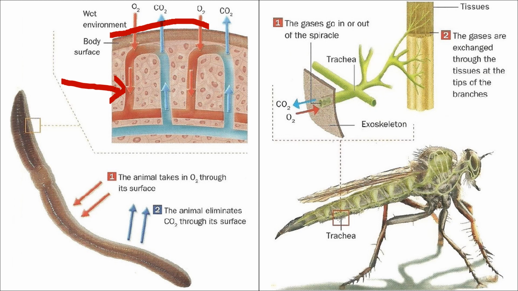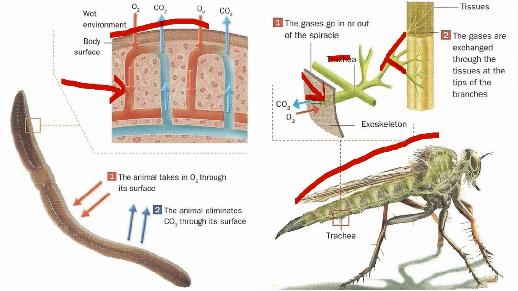for better gases exchange. For tracheal system, usually for insects, the spiracles are the structures located here, then the trachea and also the tracheoles.